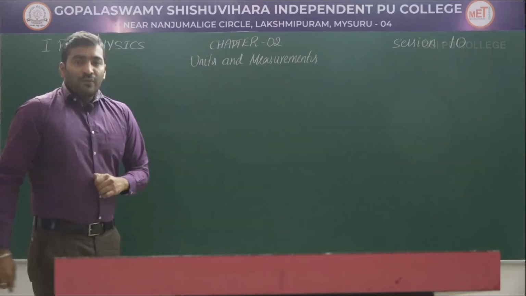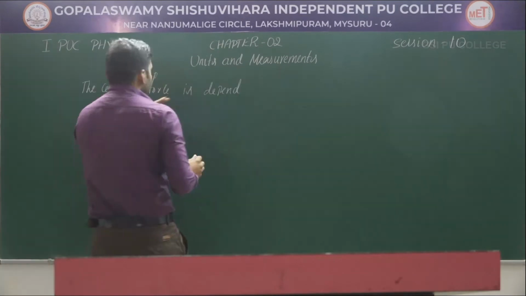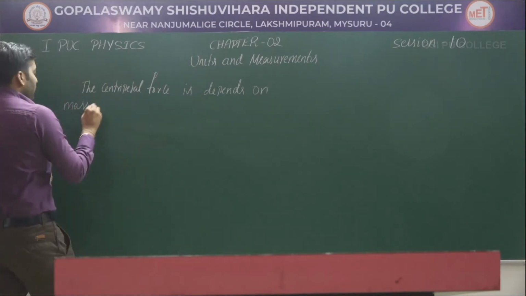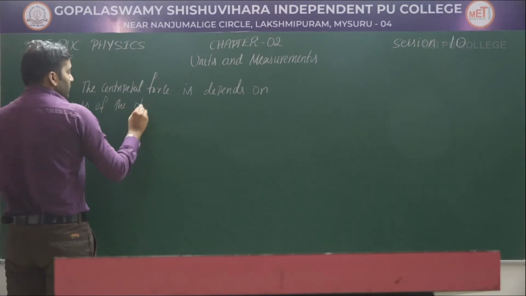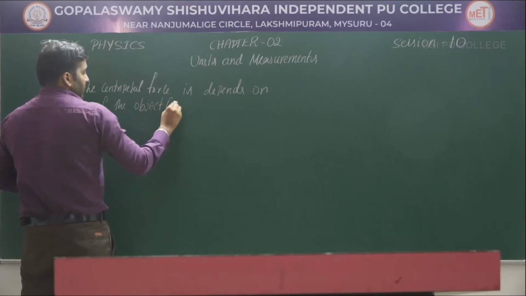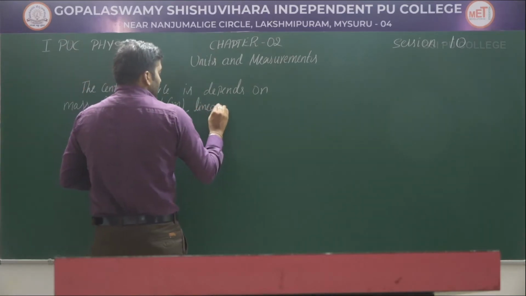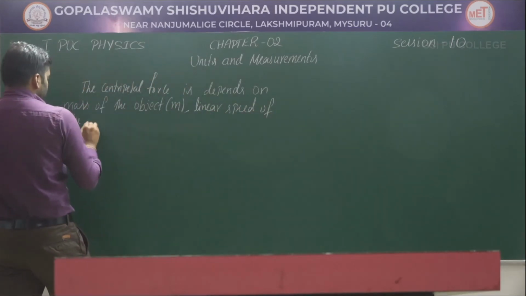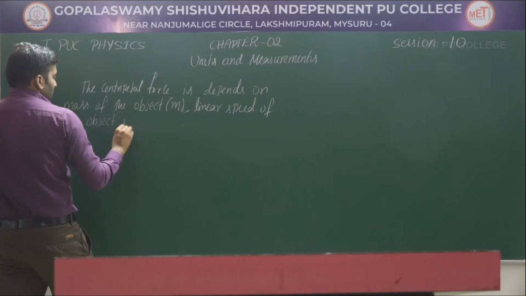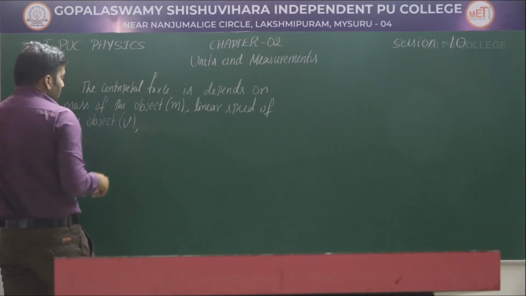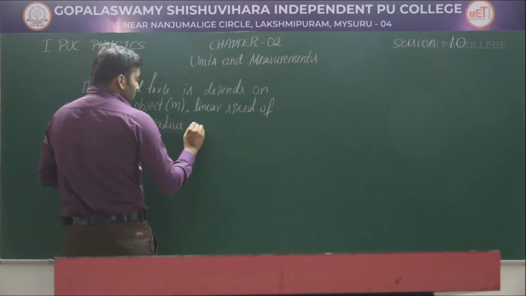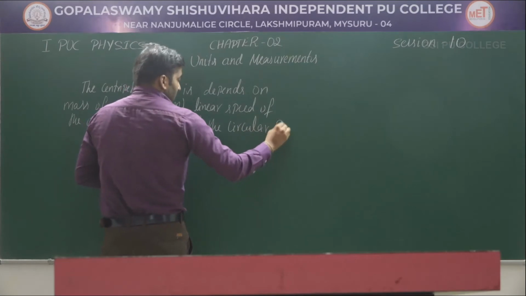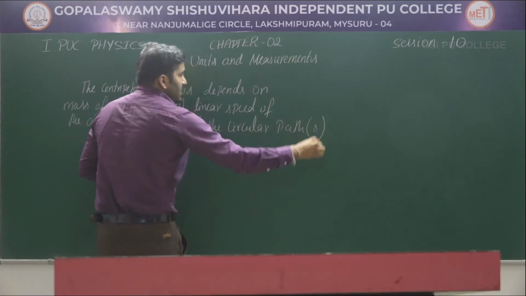Let us see how it goes. First let us write that the centripetal force depends on the mass of the object, m, the linear speed of the object, v, or we can call this linear velocity also, and also the radius of the circular path, which is r.